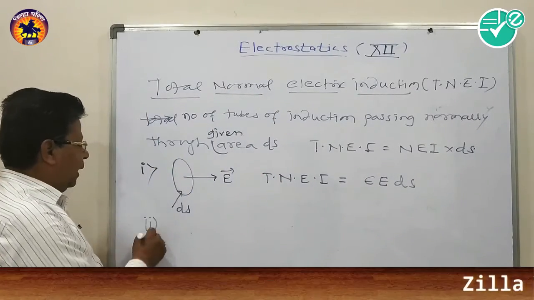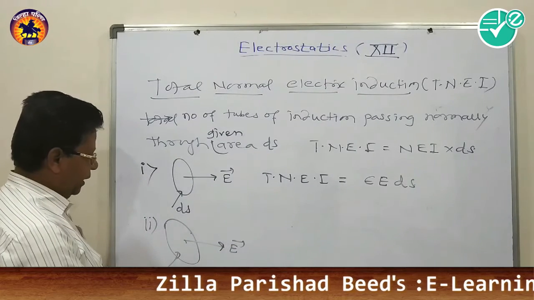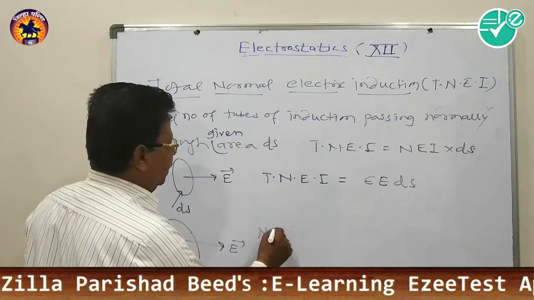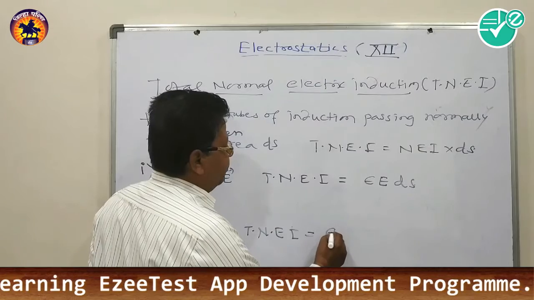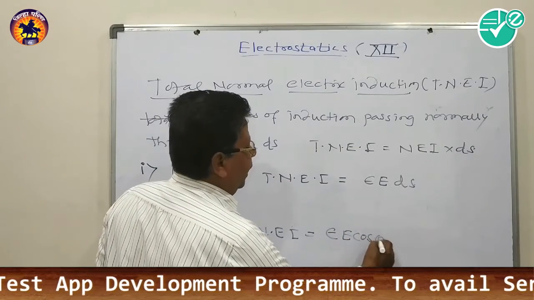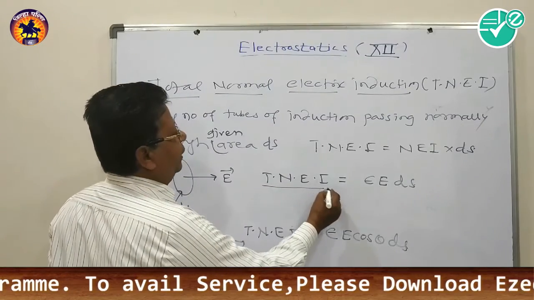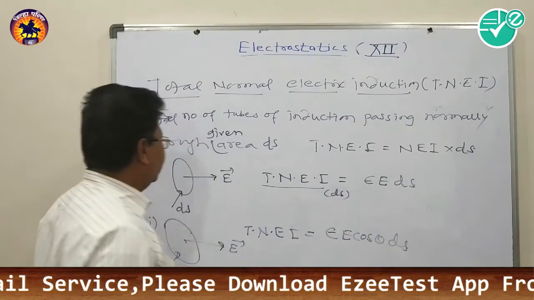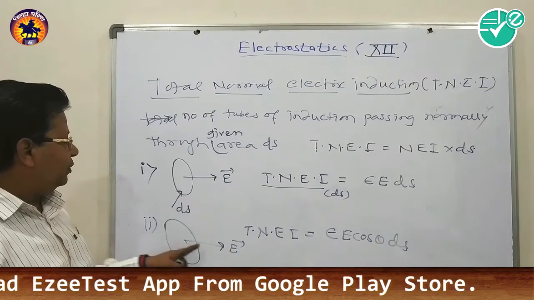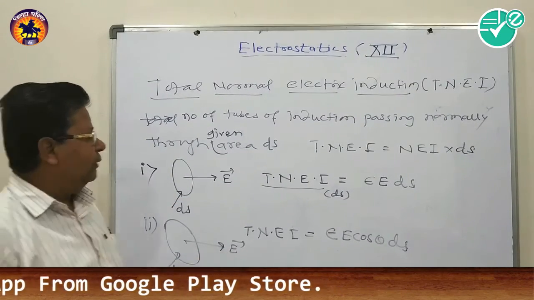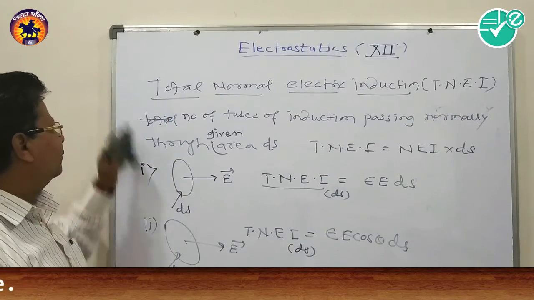Second case, if the area ds is not perpendicular to the direction of electric intensity, then the total normal electric induction is given by the formula epsilon E cos theta into ds. So these are the formulas for total normal electric induction for small area ds.